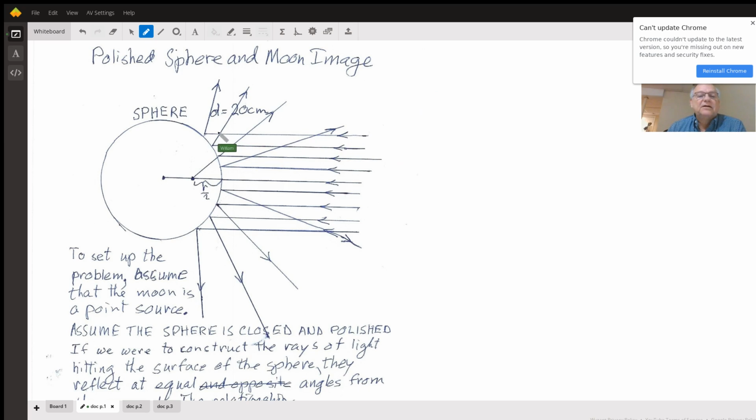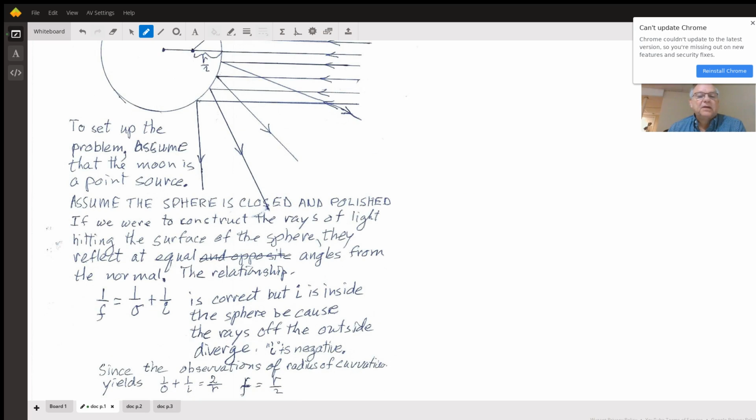The construction of these rays is such that the image angle is equal to the reflectance angle, and they point here to the focus of the sphere, which would be radius over 2.